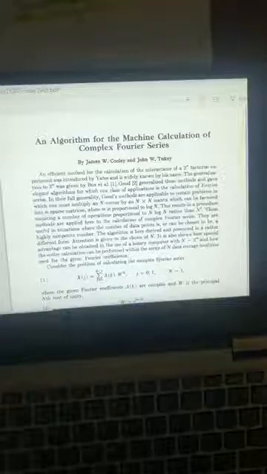And I told you one of the applications is radar signal processing. In radar signal processing, what you do is you transmit a high powered cosine.